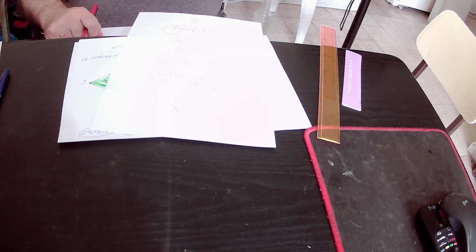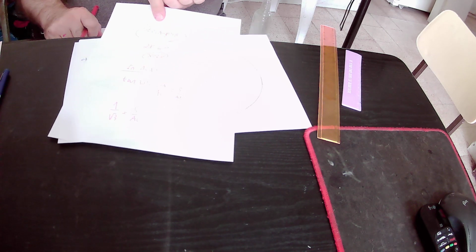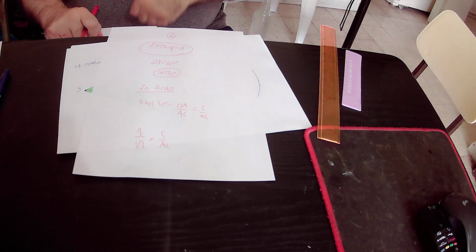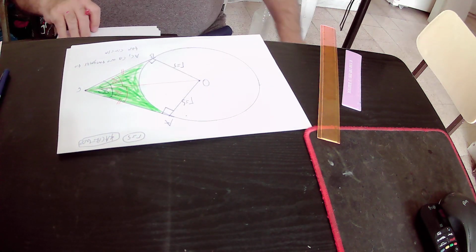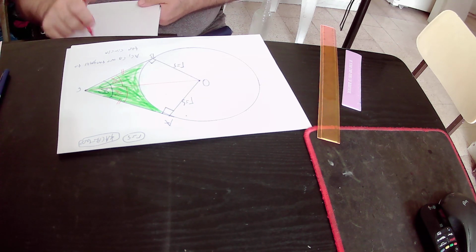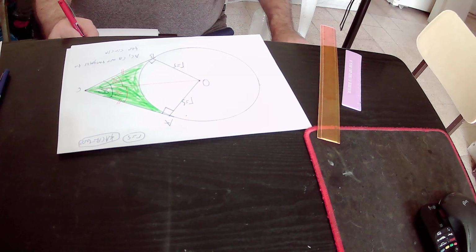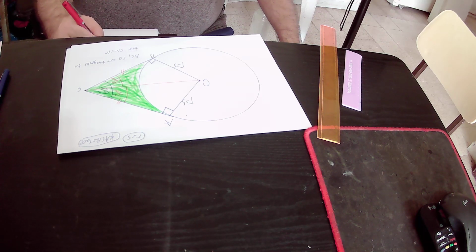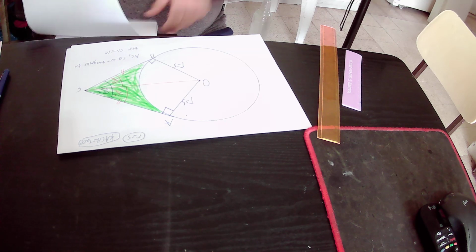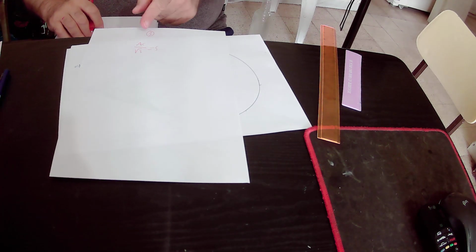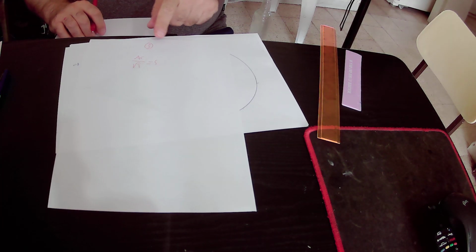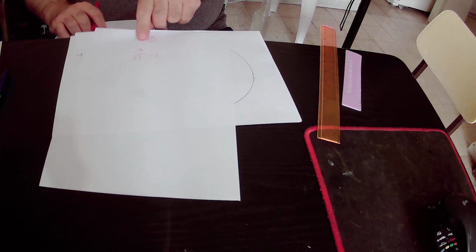1 over root 3 equals 5 over AC. Here we will multiply this equality by AC, and we will get AC over root 3 equals 5. Then we multiply this equality by root 3 and we get the value of AC.